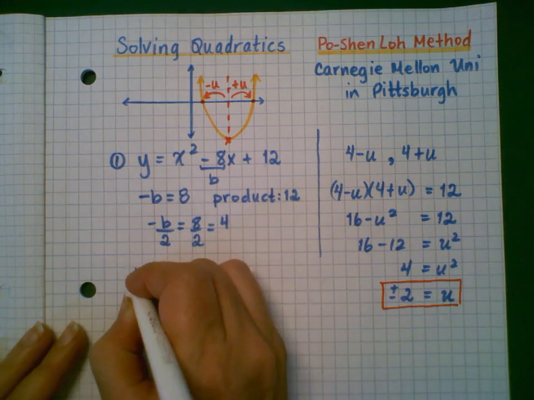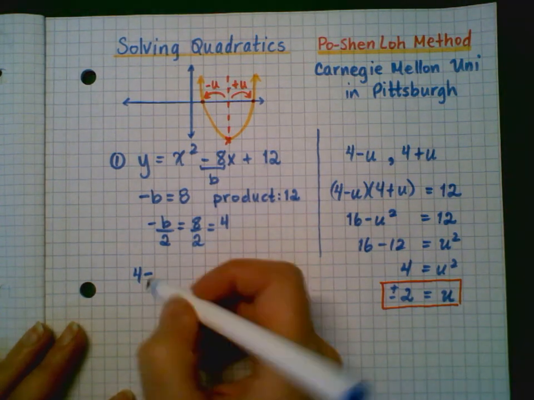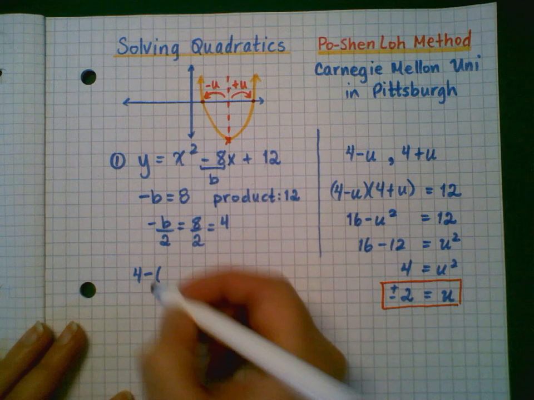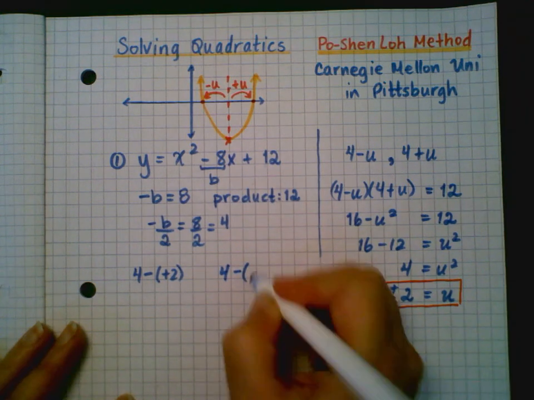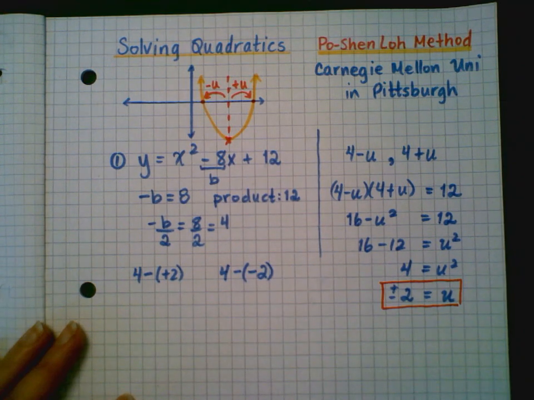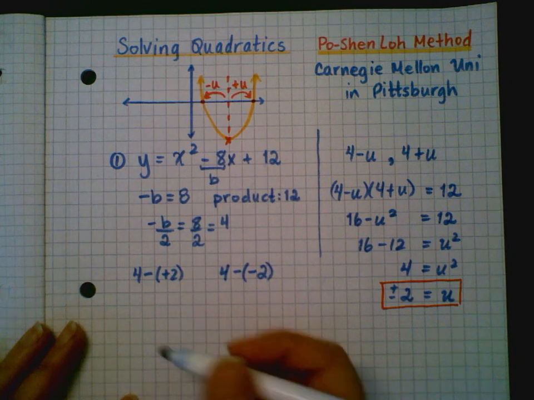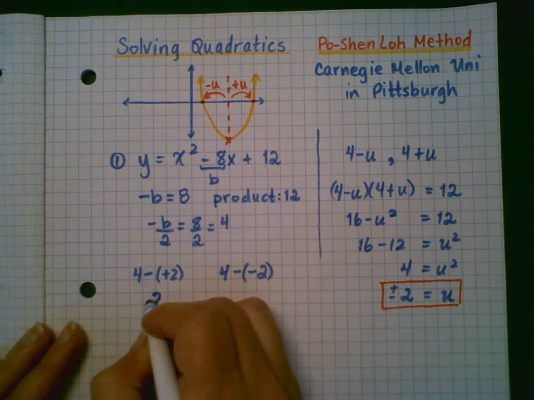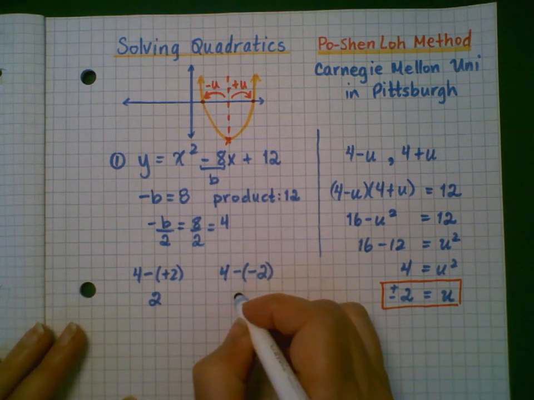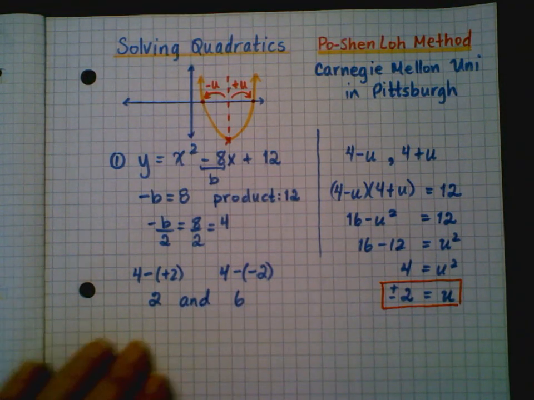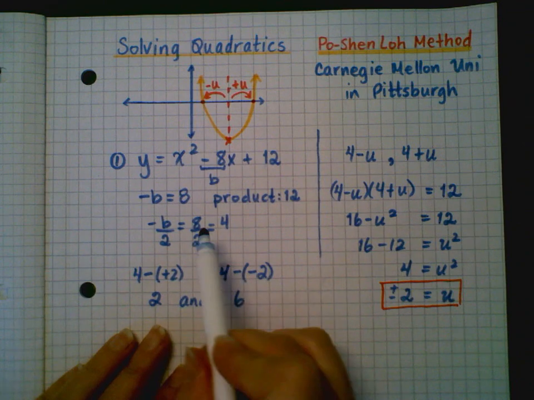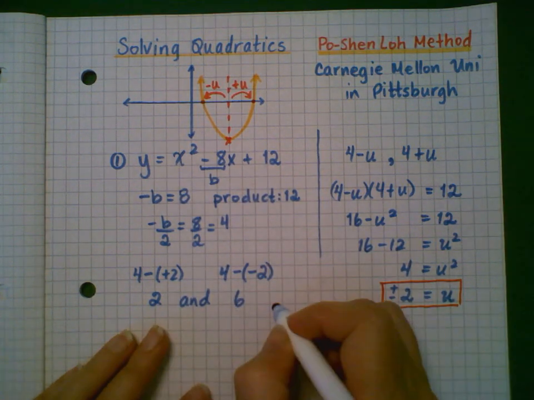So 4 minus u, let's say it's positive 2, and the other option is equal to negative 2. So 4 minus 2 is 2, and 4 plus 2 is 6. So the zeros of this quadratic are 2 and 6.